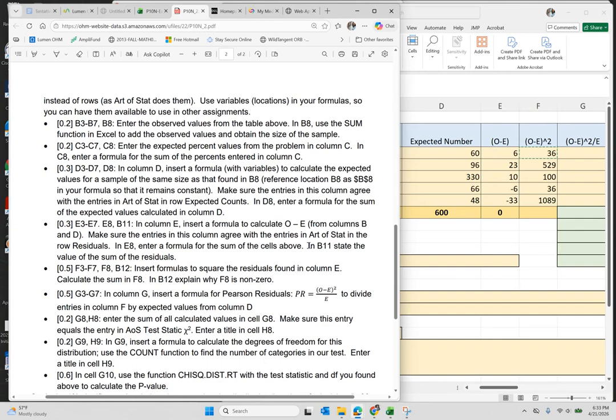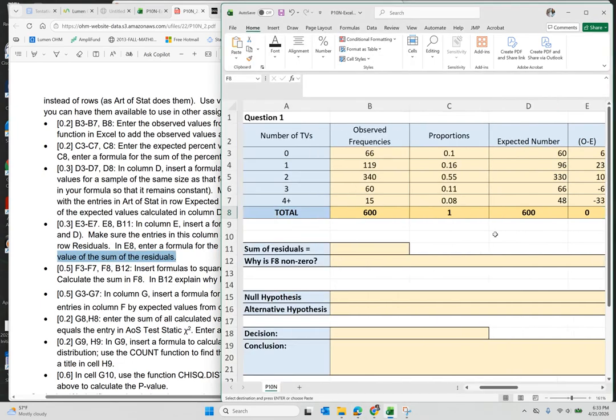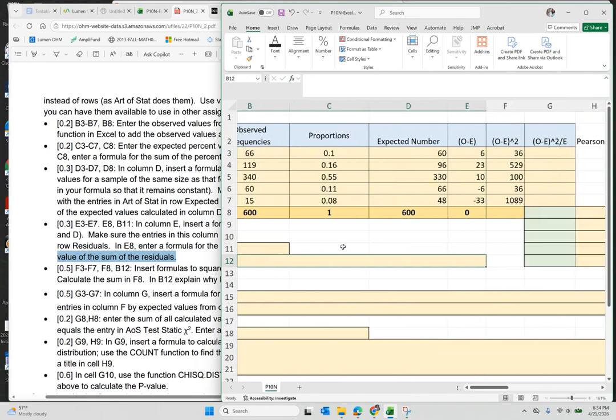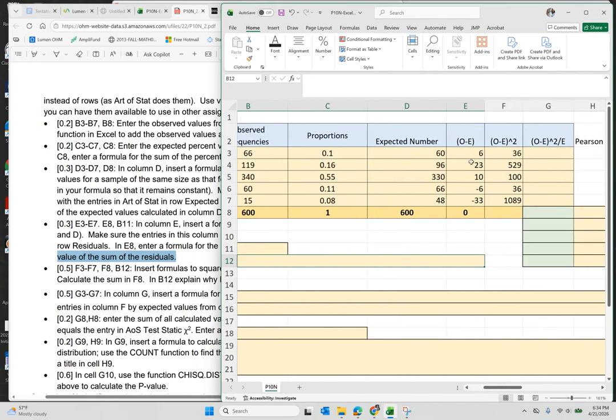Actually, I forgot in the previous step to say in B11 state the value of the sum of the residuals. So in B11, what is the sum of the residuals? It was 0, which is what I would be expecting to find if I would just add the differences between the observed and expected.